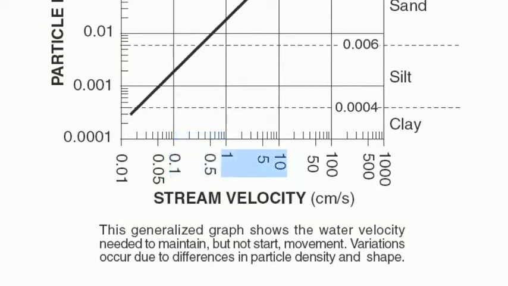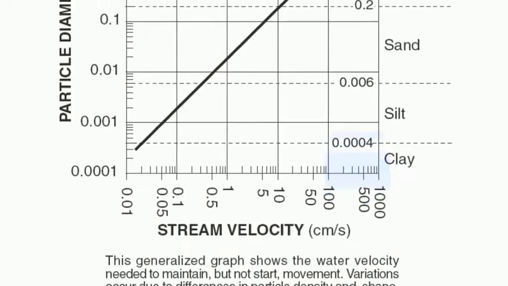Next, 1 to 10 centimeters per second: 2, 3, 4, 5, and so on. Next, 10 to 100 centimeters per second: 20, 30, 40, 50, and so on. Then finally, 100 to 1,000 centimeters per second: 200, 300, 400, 500 centimeters per second, and so on. That's what we consider a logarithmic increase.